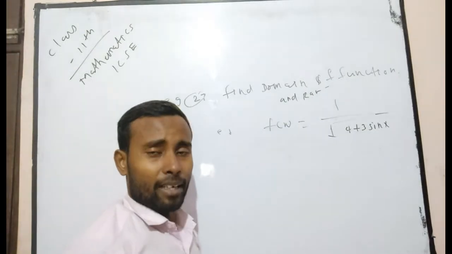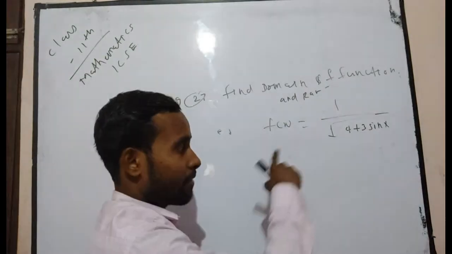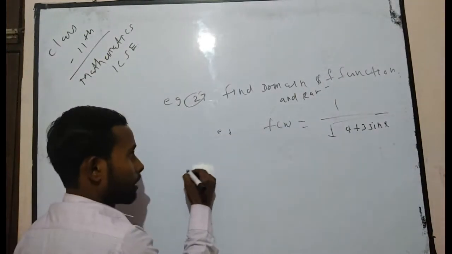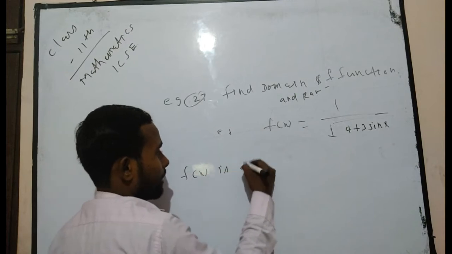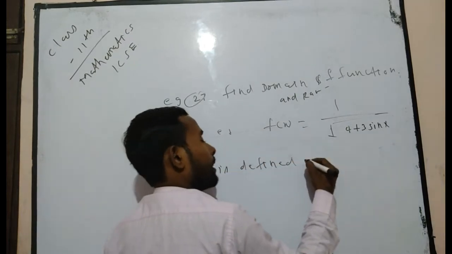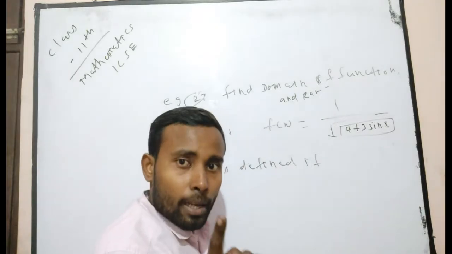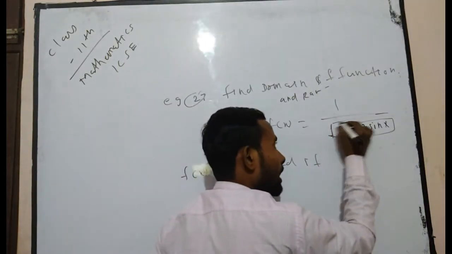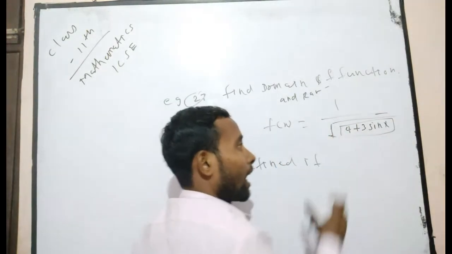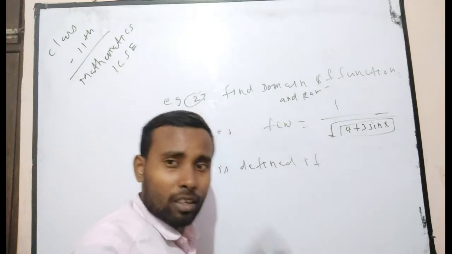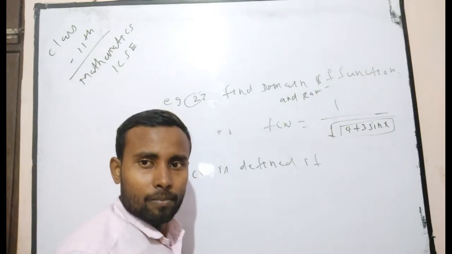This function is defined. First of all, you have to write this function is defined if f(x) is defined if this part is not equal to 0, as well as under root it is not negative.